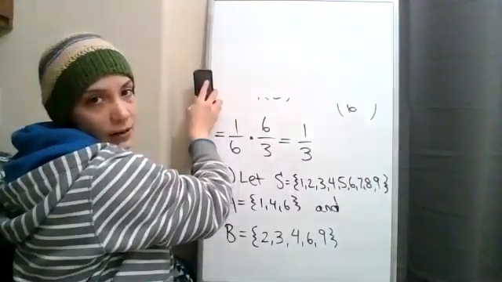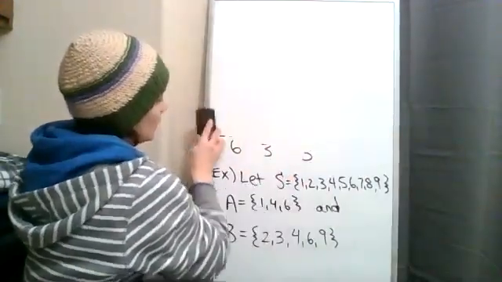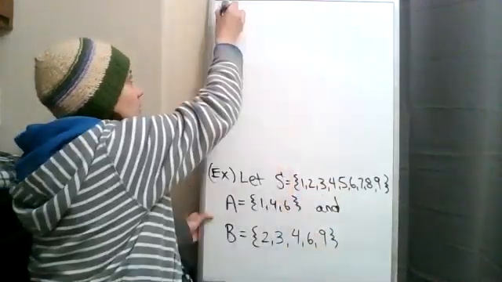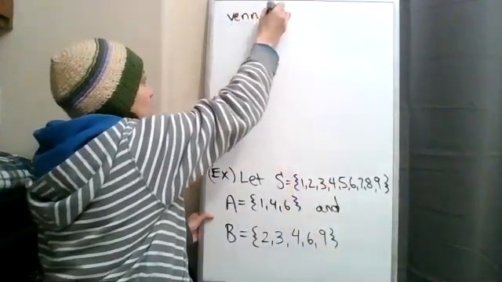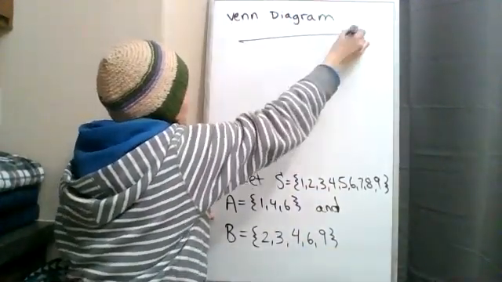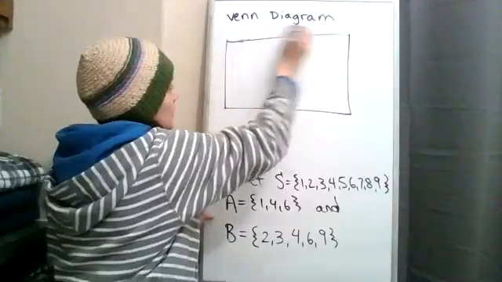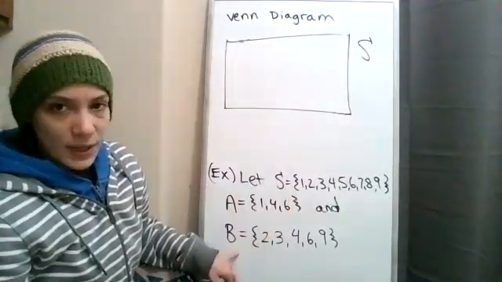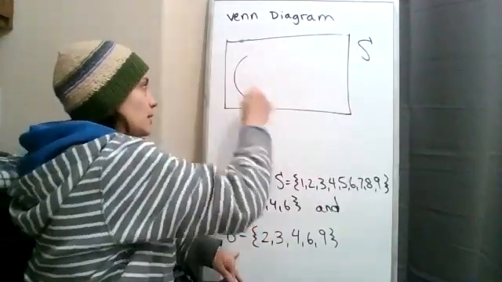We're going to draw the Venn diagram. All right, A and B might share elements, so let's overlap.